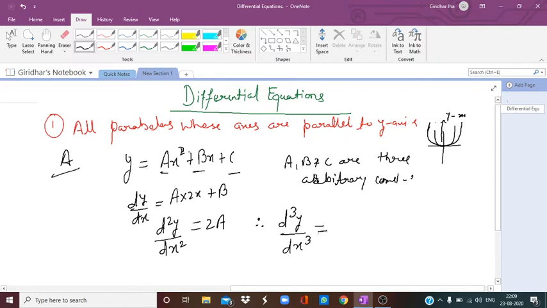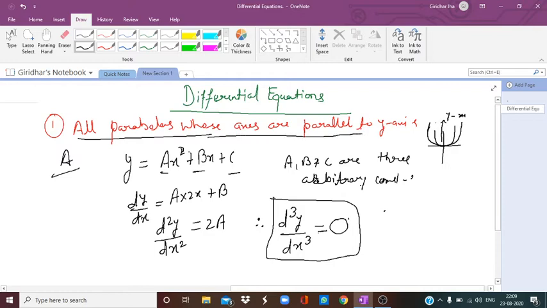Since we have three arbitrary constants. So here d3y by dx cube of 2a becomes 0. So this is going to be our differential equation of the given statement, for all parabolas whose axes are parallel to y-axis, correct? So the differential equation you will get is d3y upon dx cube equal to 0, correct?